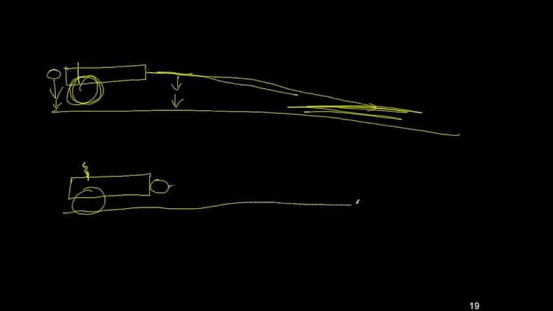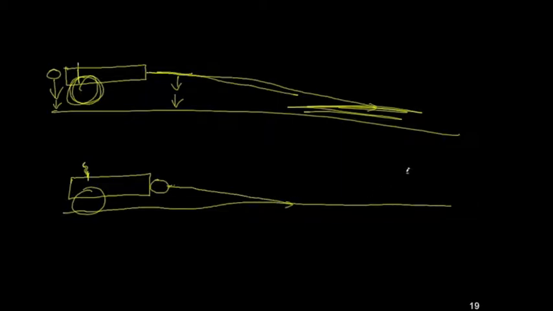So, let's try and draw that a little bit more efficiently. We have our cannon, our fuse. The cannonball shoots out. As soon as that cannonball shoots out of the cannon, it starts to drop towards the Earth. So as soon as it shoots out, it starts falling.